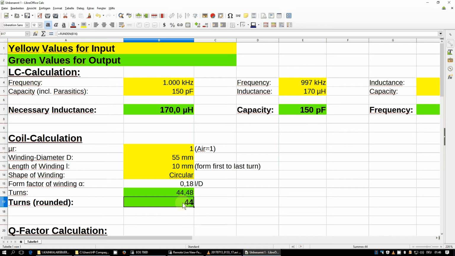You just take some turns off until you finally reach 170 microhenries.